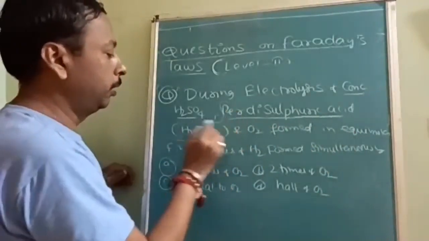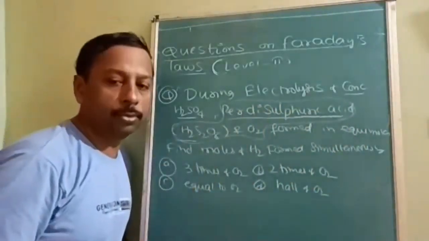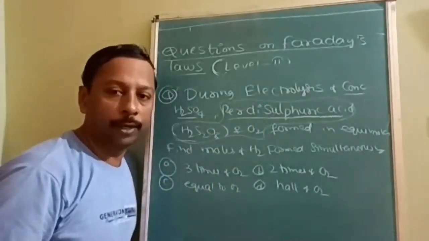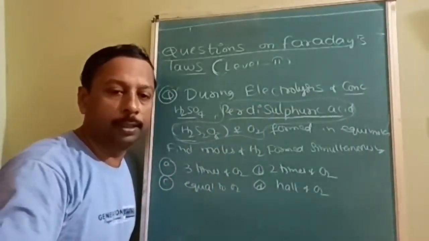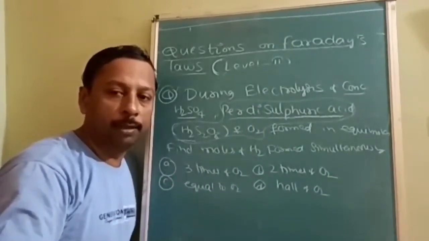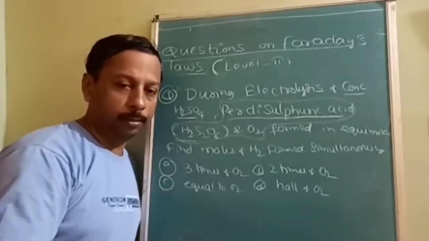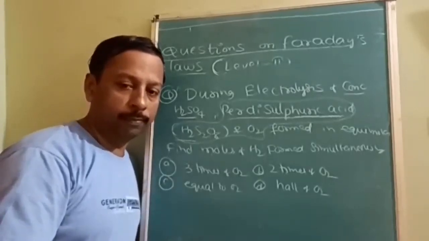Along with this, if hydrogen is produced simultaneously, how many times of hydrogen will there be with respect to oxygen? So try to understand the question carefully.